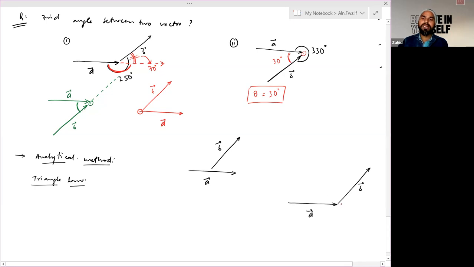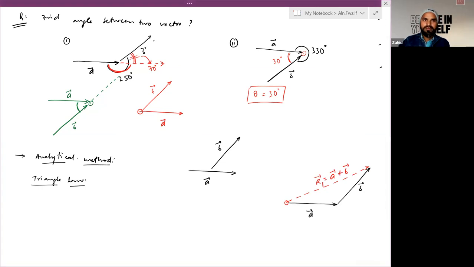So the resultant will join from the tail of the first vector to the head of the second vector. That will be from this point to this point as vector R. So it will be A plus B.